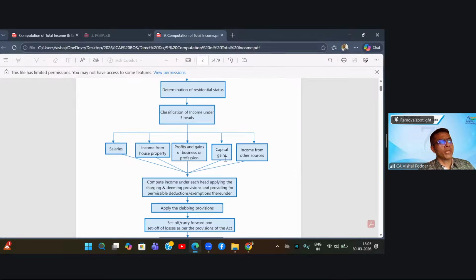And depending upon what deductions will be allowed or not allowed, you have to then take the final call of deciding the method or deciding the scheme. So we have the old scheme and the new scheme.